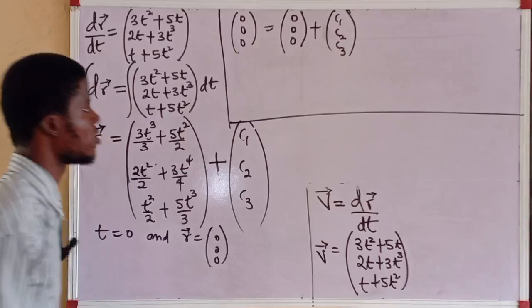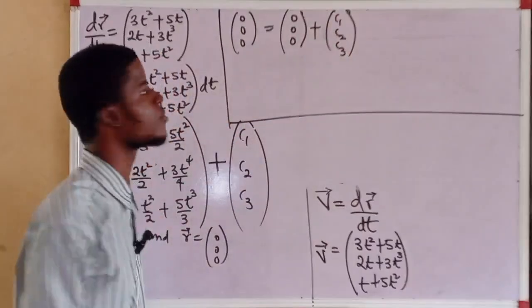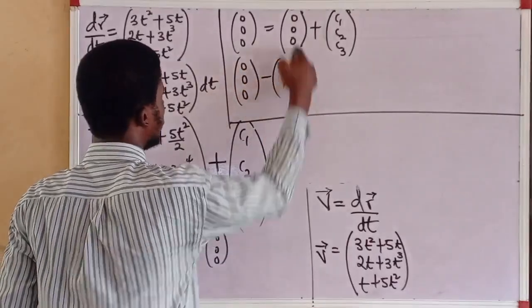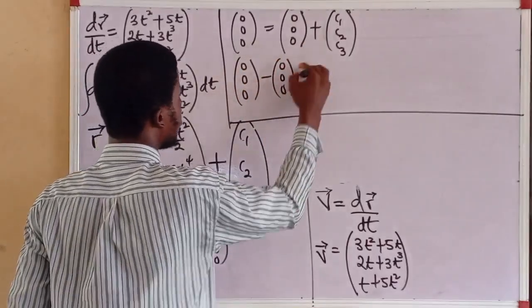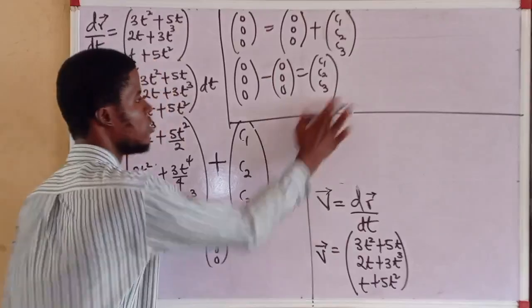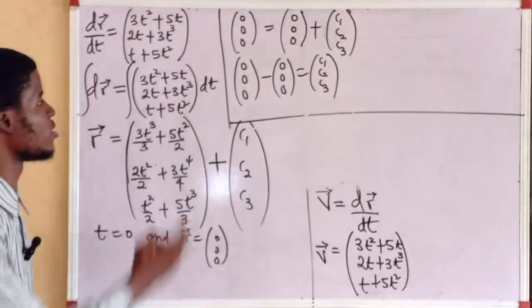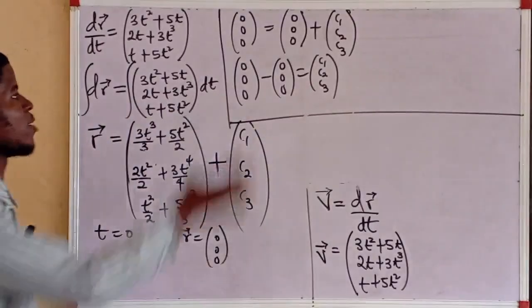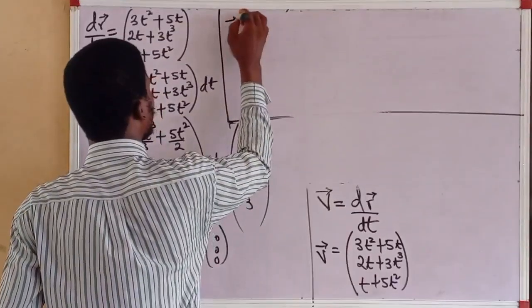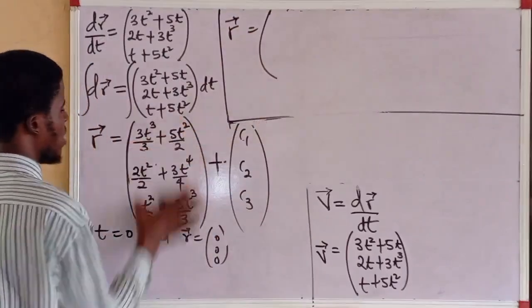And it is obvious that c1, c2, c3 are also 0. So the constants that form the constant vector are 0.